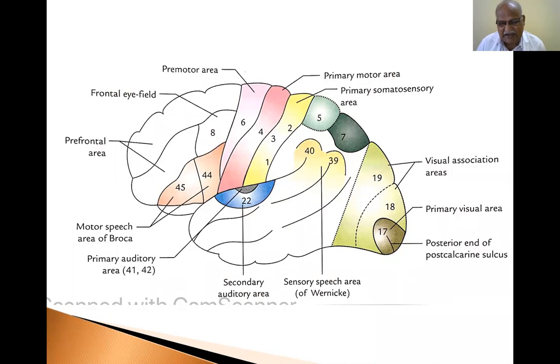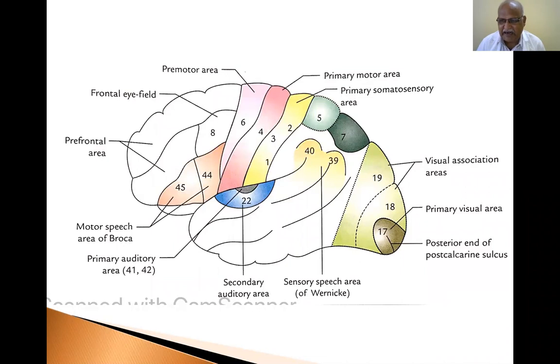By observing a clear-cut pattern of sulci and gyri, you can identify whether it is a human brain, an animal brain, or a lower animal's brain. If a mass of brain is given to you, by observing the sulci and gyri you can identify whether it belongs to an advanced mammal or not, whether it is a human brain or not.